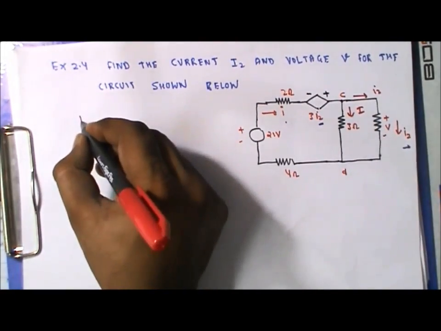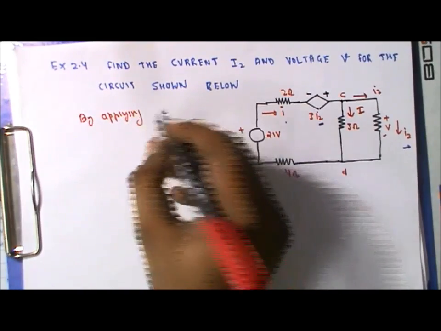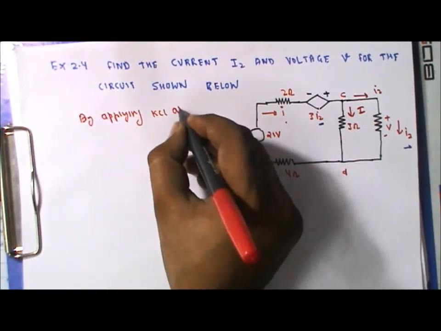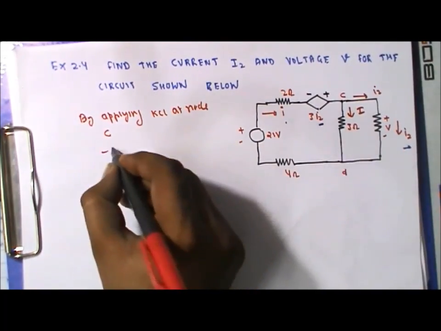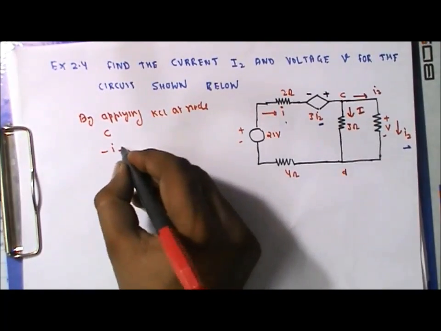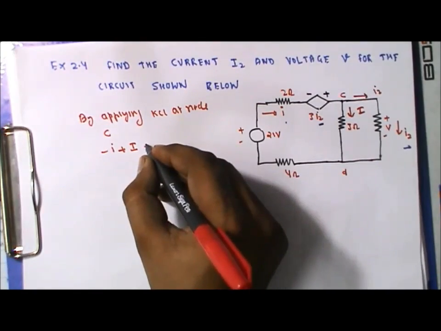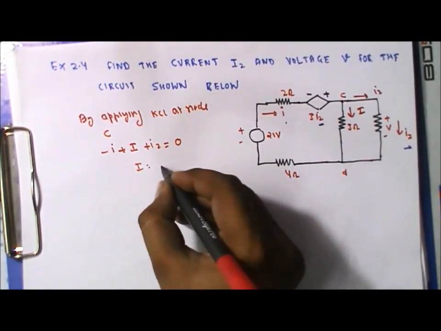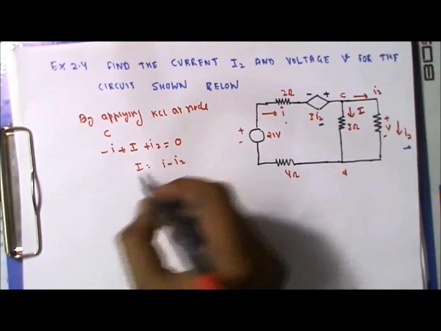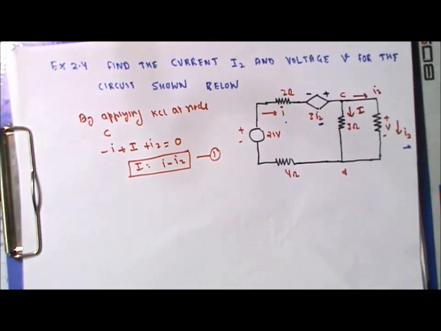By applying KCL at node C, I is entering, so it is minus I. The current leaving node C is I, and the other current leaving is I2, so minus I plus I plus I2 should equal 0. So we can calculate the branch current, which should be I minus I2.